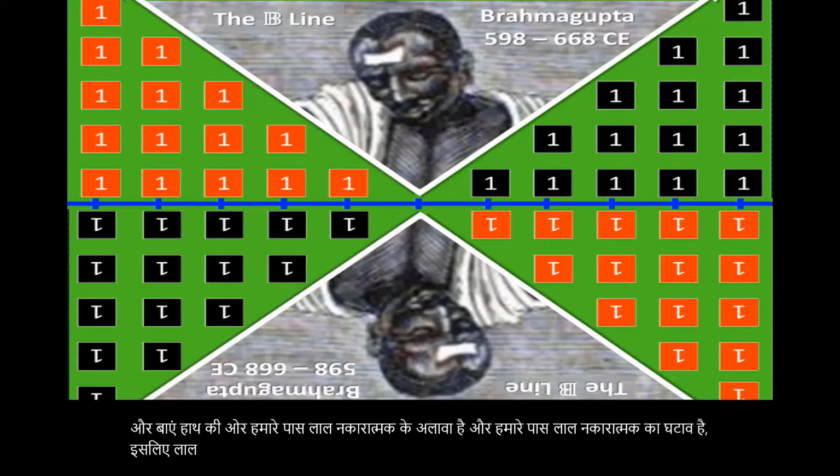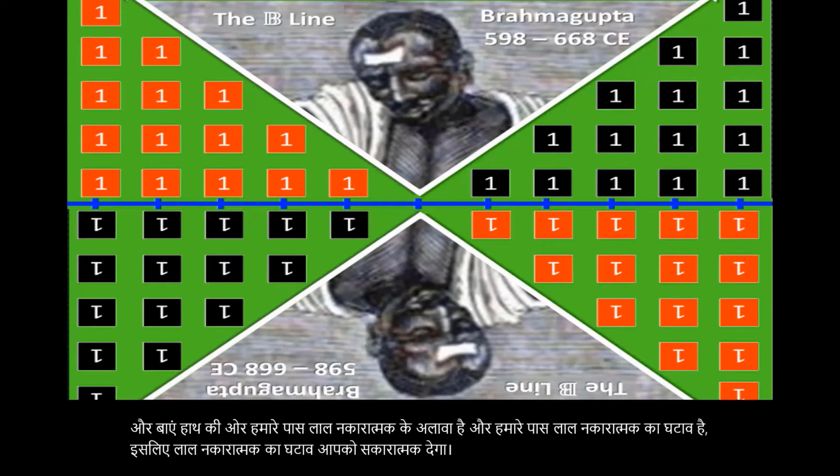Subtraction of a positive will give you the negative, remember. So that's why there are opposite colors on the right hand side of the midpoint 0. And on the left hand side we have addition of red negatives and subtraction of red negatives. Subtraction of red negatives will give you positives.